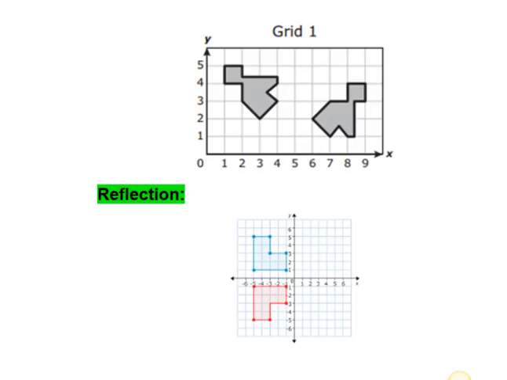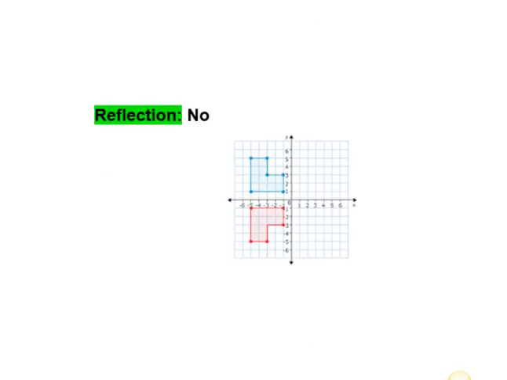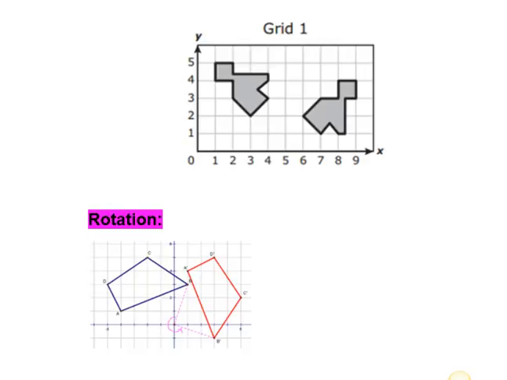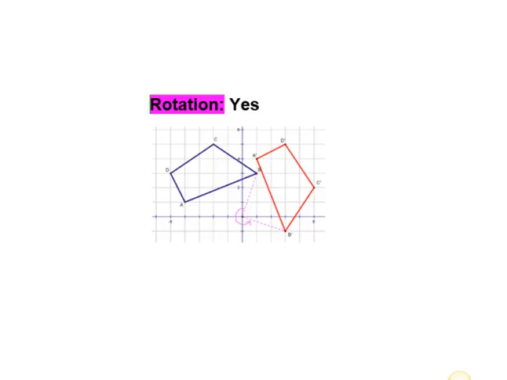Next, let's see if it looks like a reflection. If you said no, you are absolutely right. The transformation for grid 1 is not reflection. So our answer choice that is left is rotation. Yes, grid 1 is rotation.